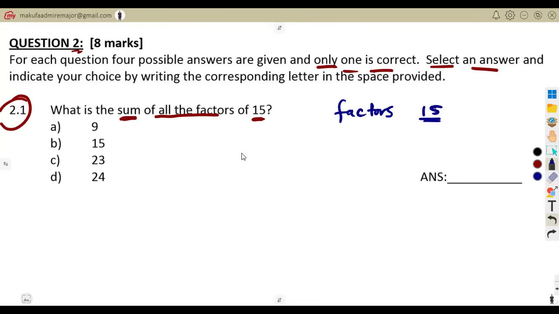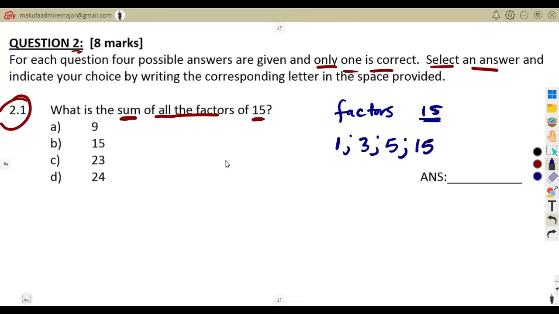You divide by that, you obtain an exact value. So 1 is a factor of 15, 3 is a factor of 15, 5 is a factor of 15, and also 15 itself is a factor of 15. So you have to be very careful in that case.